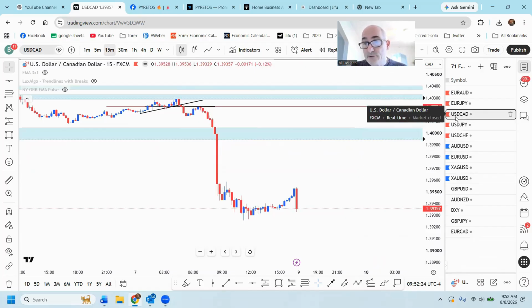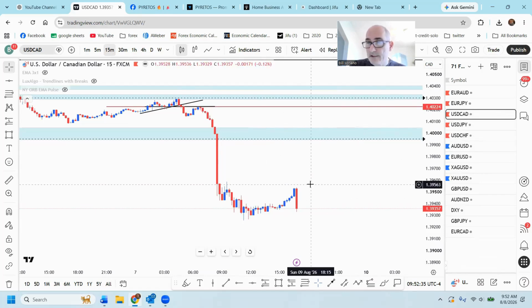And in these USD CAD, USD JPY, USD CHF, this is showing that the dollar is weaker than each one of those, and that's why price is trending downward, right?